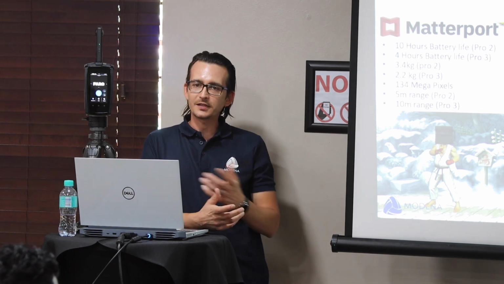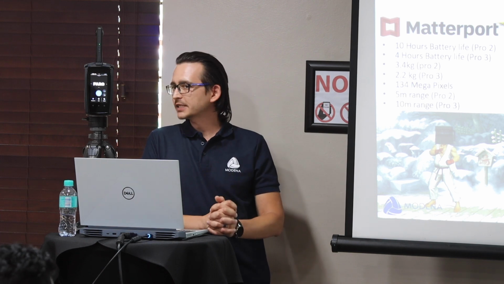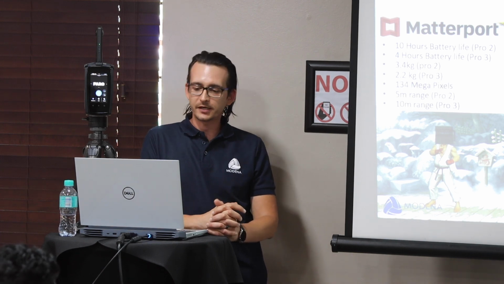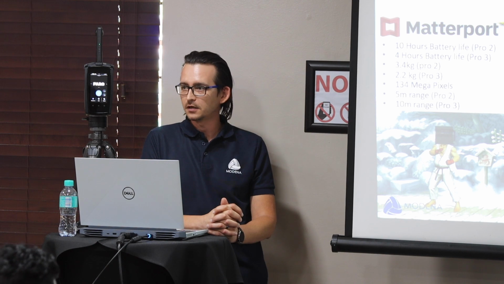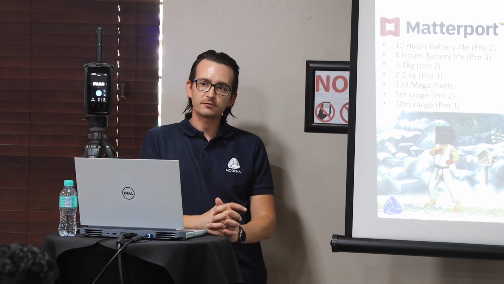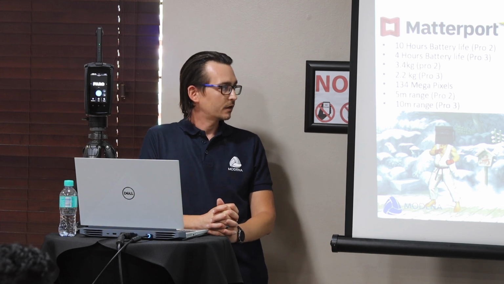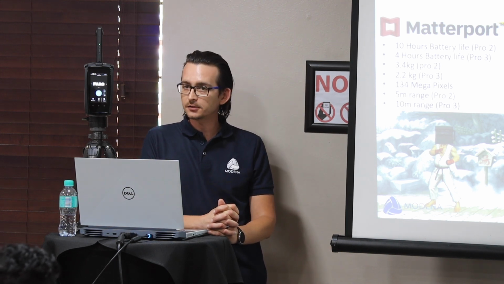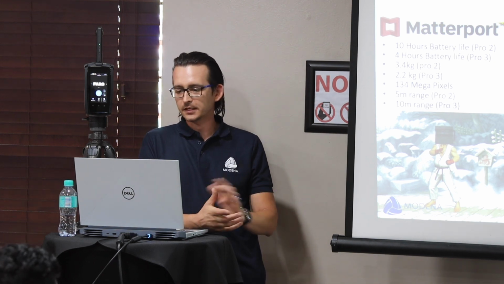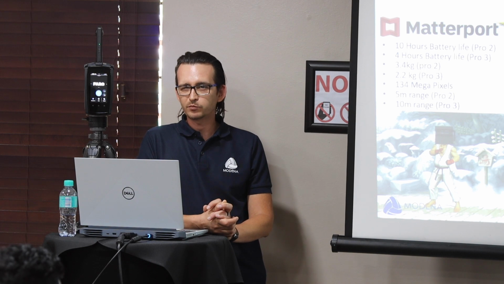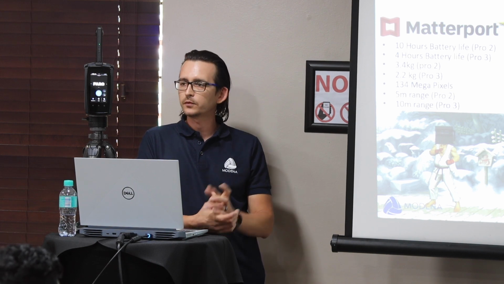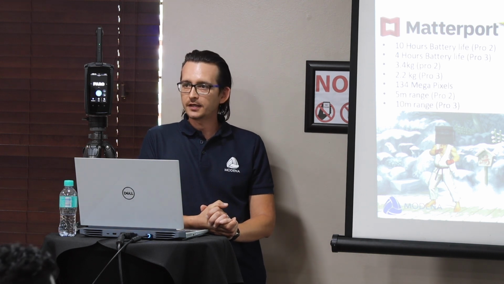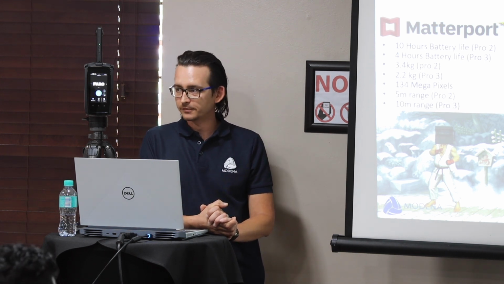With the built-in camera of the scanner, you can get up to 867 megapixels of photo quality. That is an export photo from the software. It takes 66 photos with a 13 megapixel camera, and then you get that megapixel count. For the models that we have, we have a 70-meter range, which is perfect for most applications, and then we have a 150 meter and a 350 meter range.